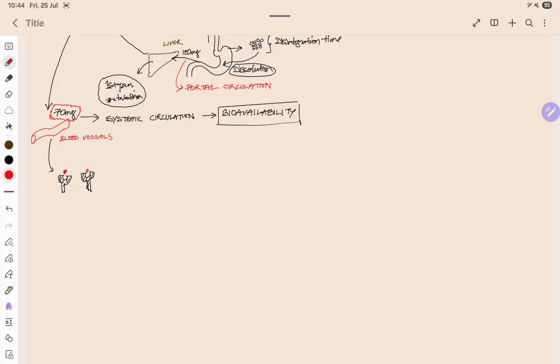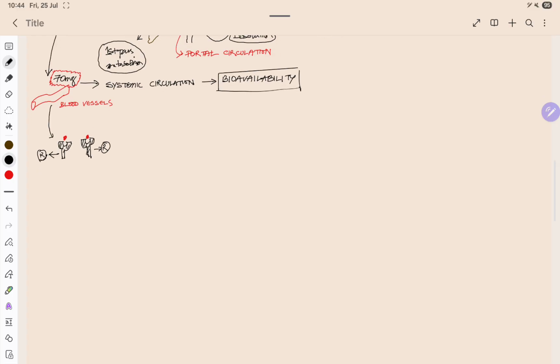This is the drug and these are the receptors. This activity or this binding of a drug to a receptor will create a change leading to something that we call pharmacodynamics.